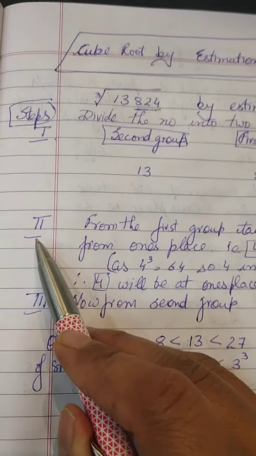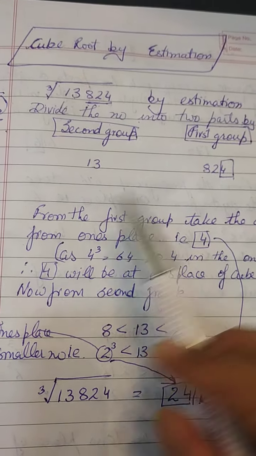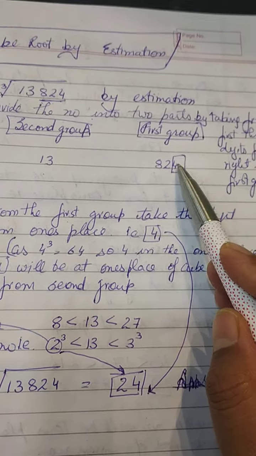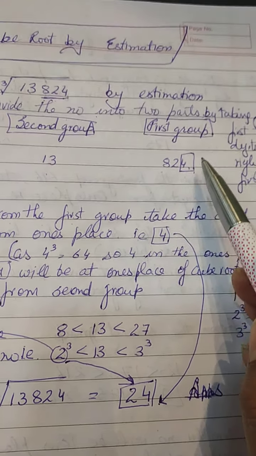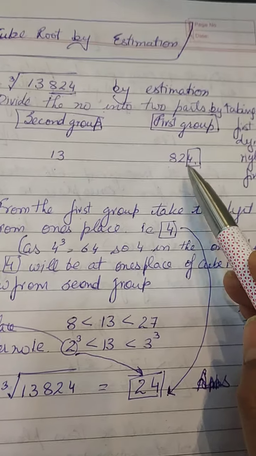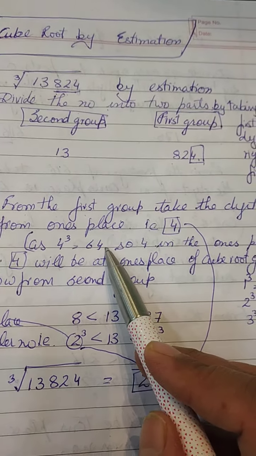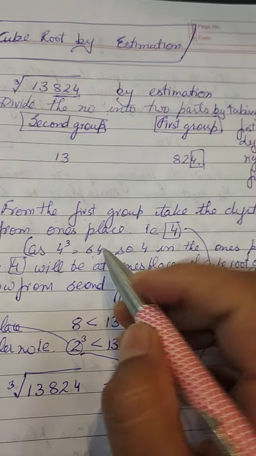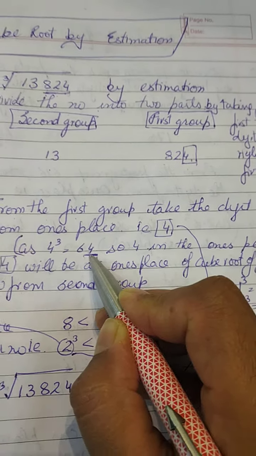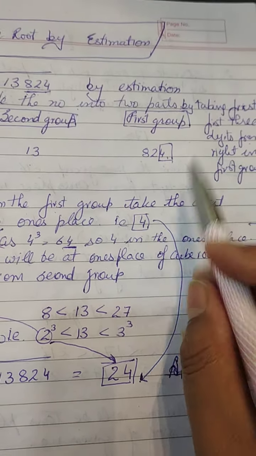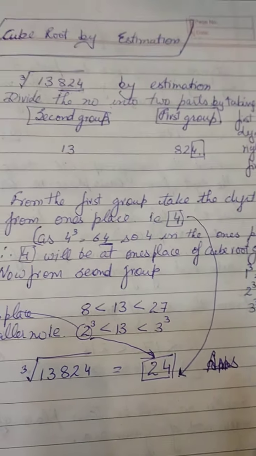In the second step, you take from the first group the digit at ones place. Here the digit at ones place is 4. Now you have to do the cube of this number. The cube of this number is 64, and you take the ones place of the cube.